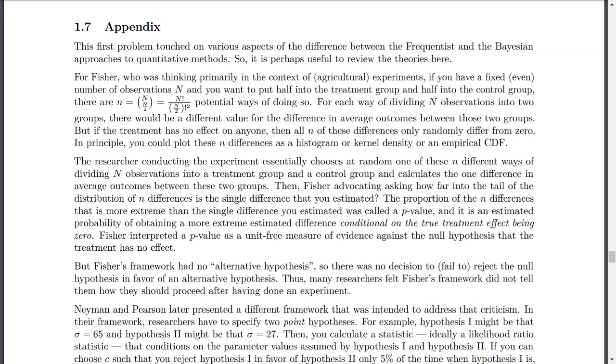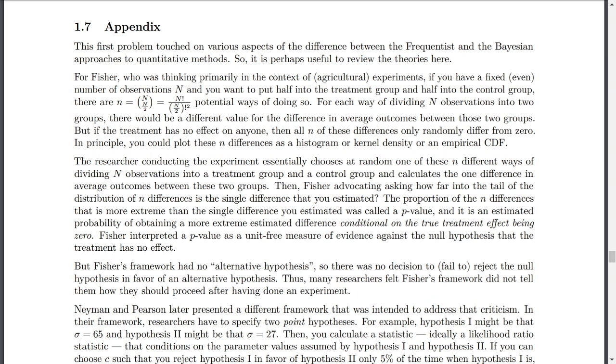And what Fisher advocated was saying, okay, basically when you randomly assign treatment and control, you're taking one of those little n ways to divide them into two groups, and you can calculate one of those differences in average, and you can see how far into the tail of that distribution across all n group differences your one estimate falls. And the proportion of those n differences that is more extreme than the one difference you observe for the one actual assignment for treatment and control that randomly happened is what's called a p-value.